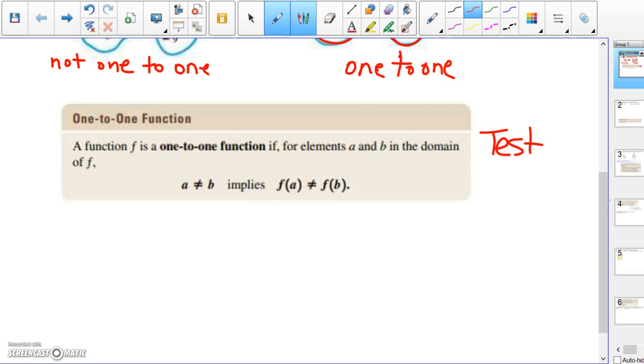So it says, if you've got A not equal to B, that implies that f of A does not equal f of B. Honestly, the contrapositive is probably more useful to us. Contrapositive, go back to geometry, if you reverse the statement and negate it, looks like this.